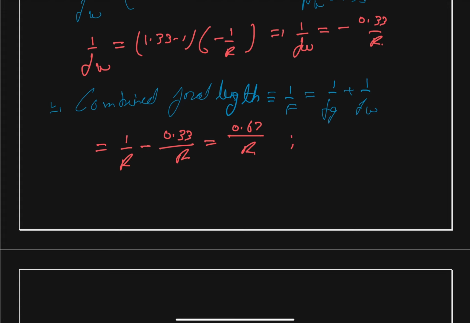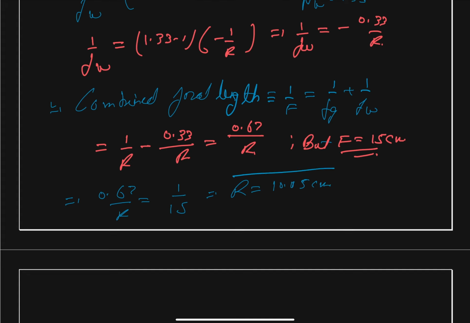So 0.67 divided by R is equal to 1 upon 15. This gives us that R will be equal to close to 10.07 centimeters.